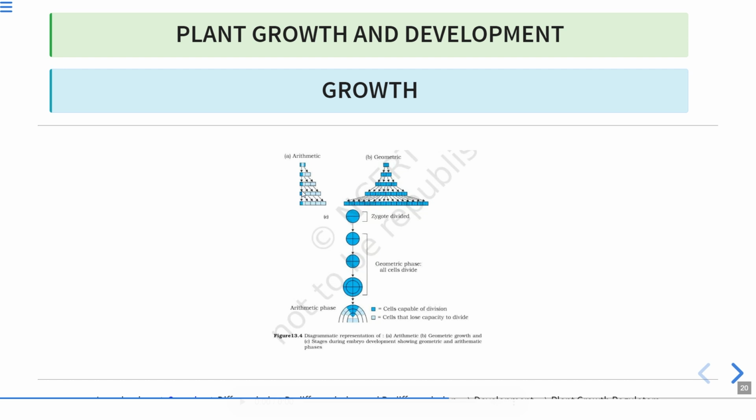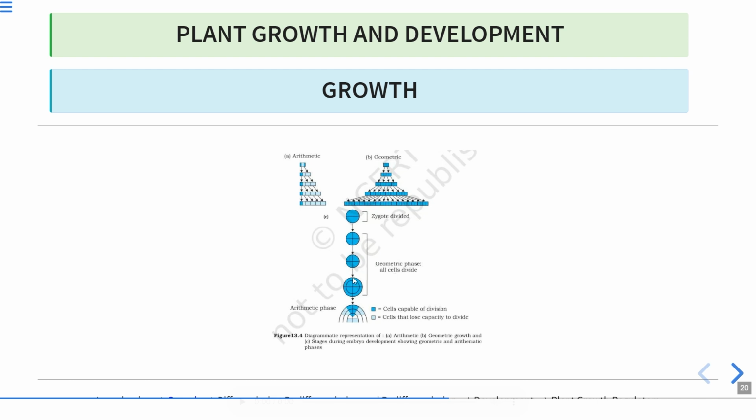Now you can see how the geometric as well as the arithmetic occurs. This is a zygote cell and it divides into 2 cells. Now the 2 cells can form the four cells. In the geometric phase, all cells divide.